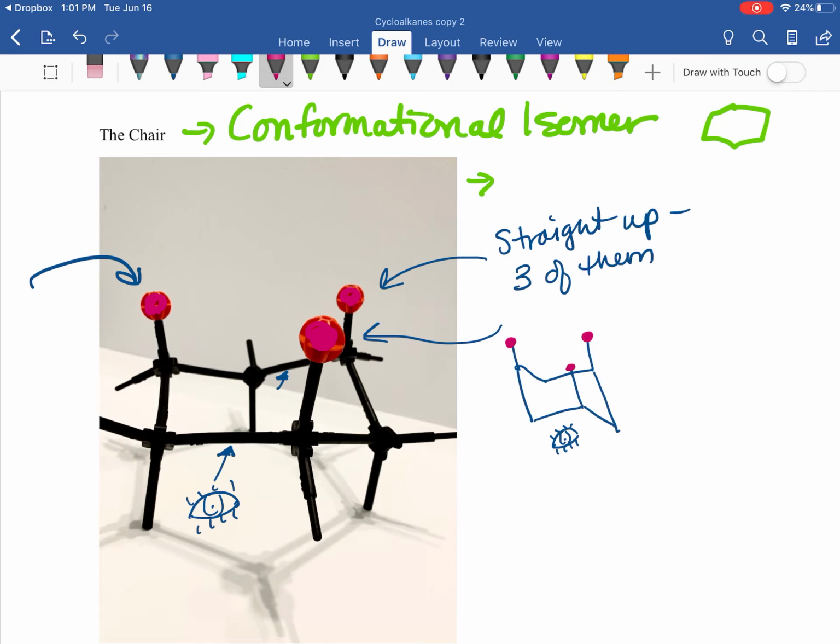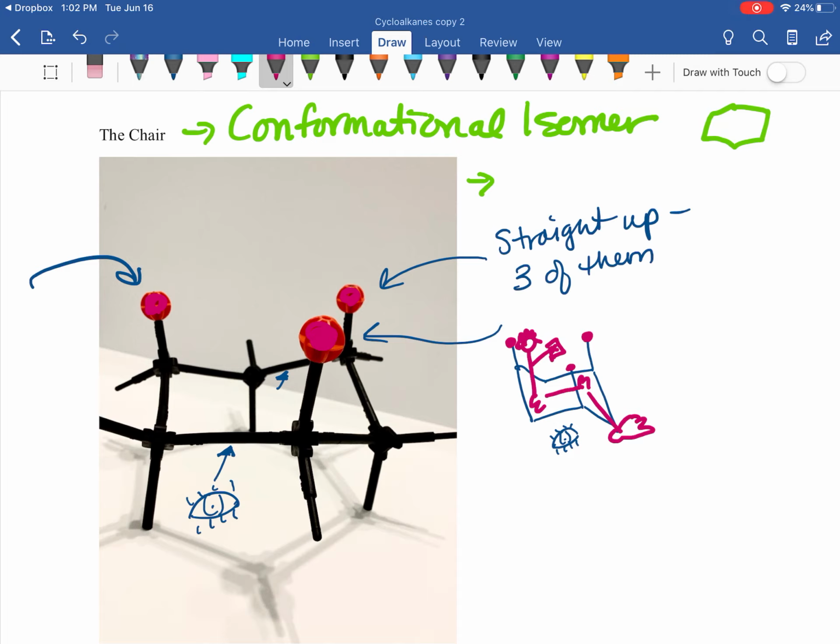The reason it's called the chair is you could almost envision lounging in this like a chair, where you've got your little head here. We kind of drew this in Zoom lecture. Your little buns there, your little knees there, and your feet here. Okay, oh, you're at the beach, you're reading a book, a little OChem book. So you're literally picturing this like a 70s lounge chair, like you're at the beach.